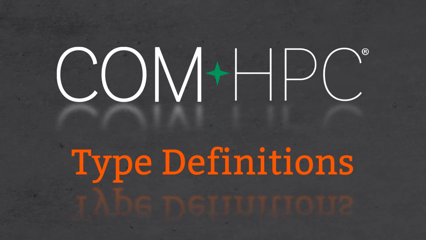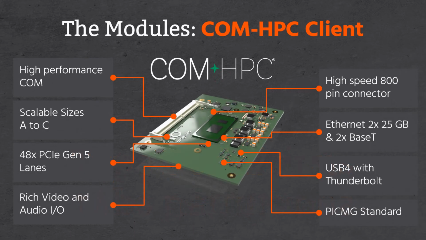COM-HPC defines two different types, a client and a server type. The COM-HPC client type is typically utilized by the smaller sizes A to C. It provides up to 48 PCI Express lanes. There's even one extra PCI Express lane which is dedicated for a board management controller for out-of-band management on the carrier board. It has rich I/O interfaces for audio and video, up to 4 video channels.